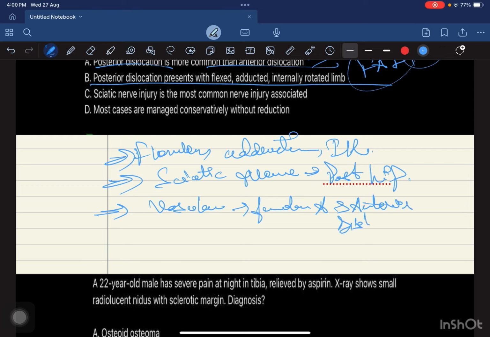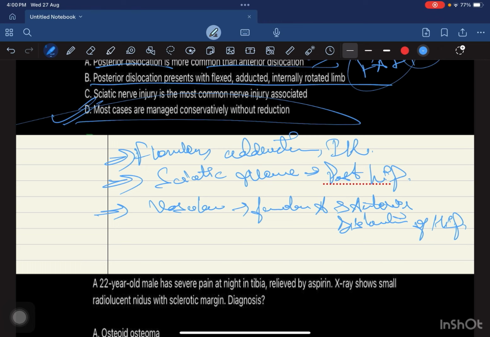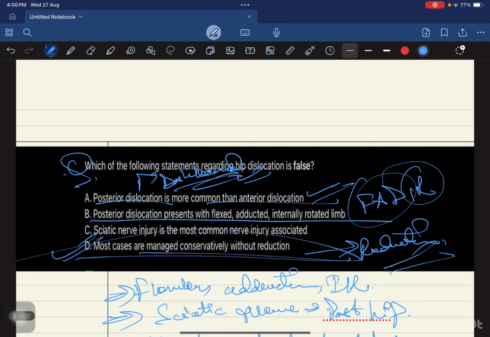Now option D is the incorrect one here, since it is not managed conservatively without reduction. Reduction has to be done for posterior or anterior dislocation. So D is the answer here, which is the false one.